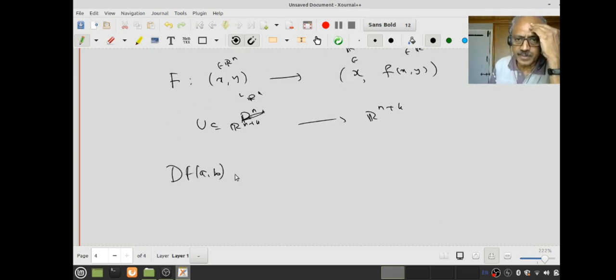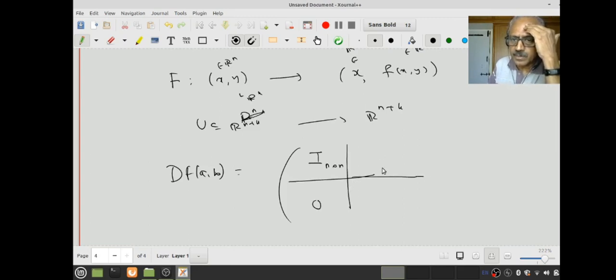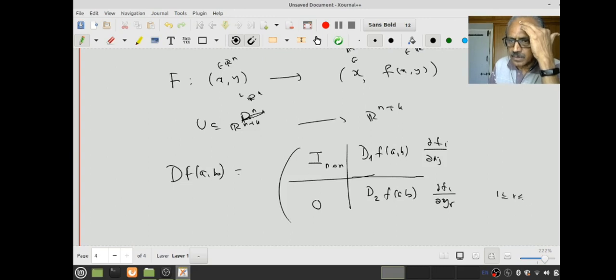Therefore, what is the Jacobian of this, the derivative of F at a, b? This is going to be the identity, this is n cross n. And here it's going to be 0. And here, this is going to be d1 of f at a, b, and this is d2 of f at a, b. This is something like del f_i by del x_j, and this will be del f_i by del y_r, where 1 less than or equal to r less than or equal to k.